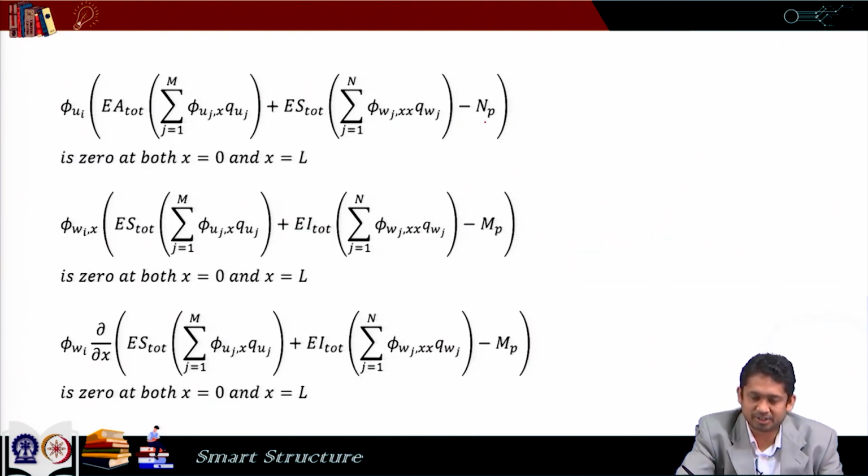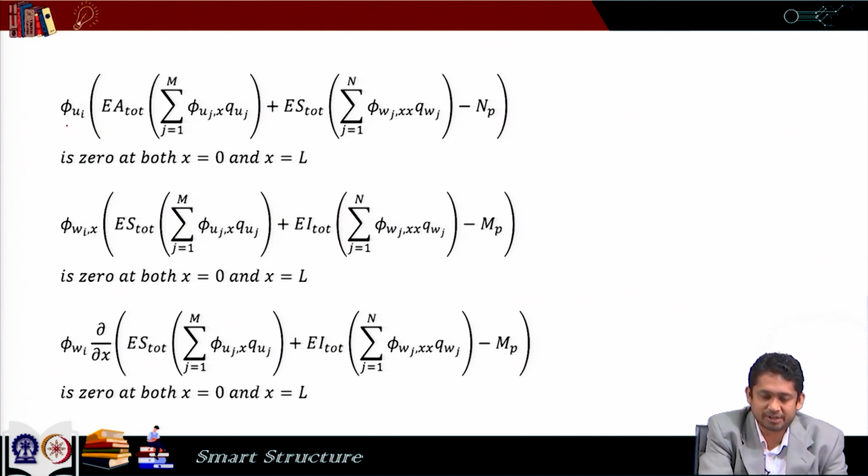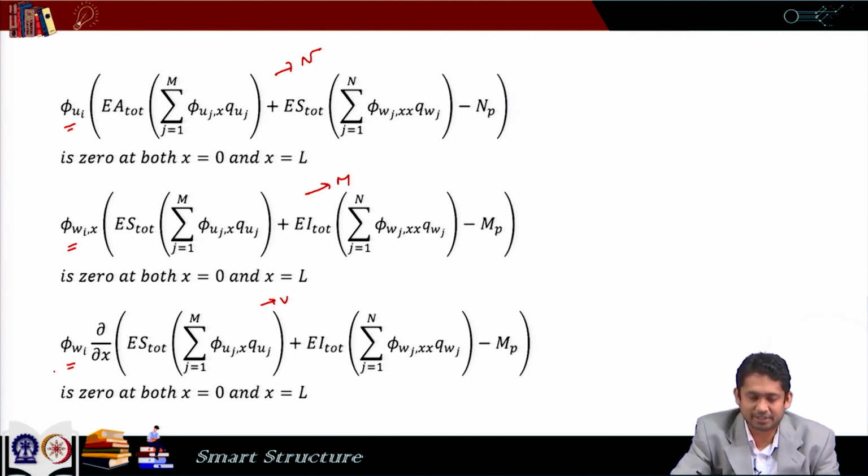So, here these boundary terms are all summed up. Like I said, we have phi u I multiplied by this. This is nothing but n, and here we have phi w I comma x, that is multiplied with this, that is m, and here we have shear v, and that is multiplied with phi w I, and that helps me get rid of all the boundary terms.